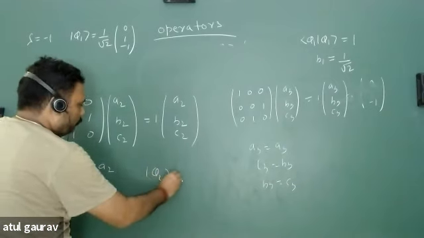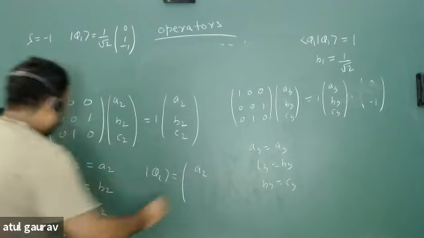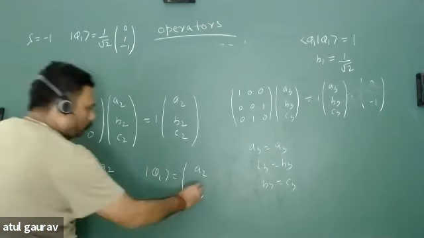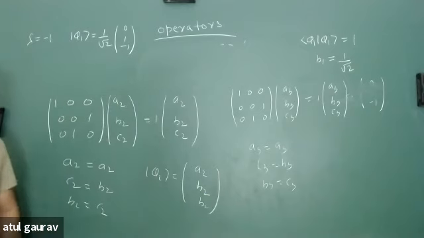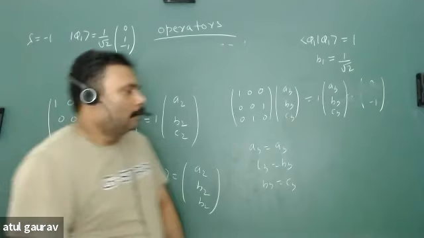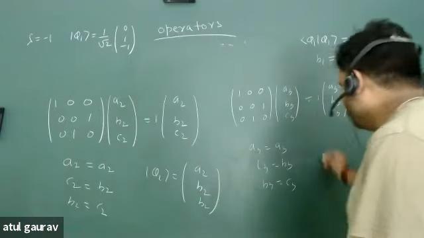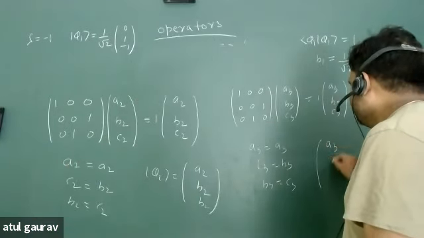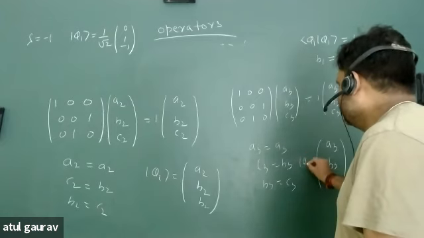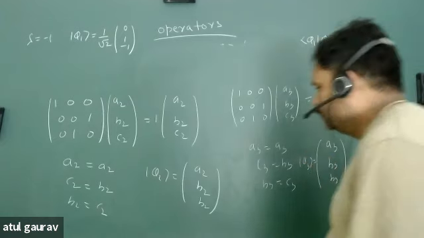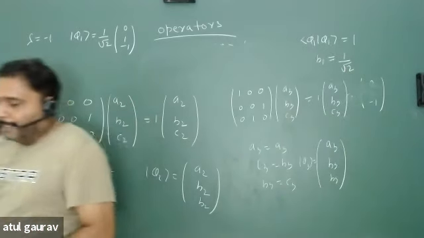So here you can find phi 2. Let's say phi 2 is a2 is equal to a2, so I can write (a2, b2, b2). And here also we can find the same form, (a3, b3, b3), and let's say this is phi 3. Now look at the real problem.